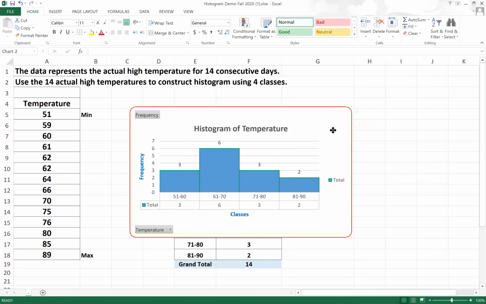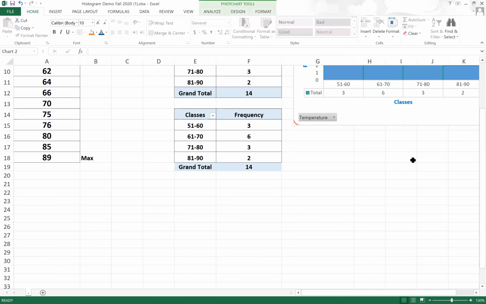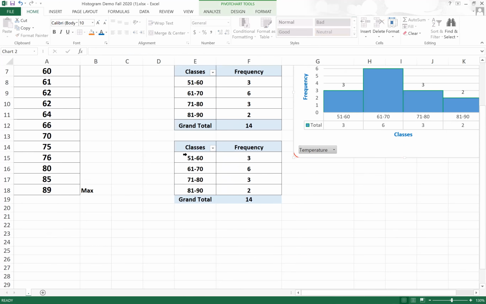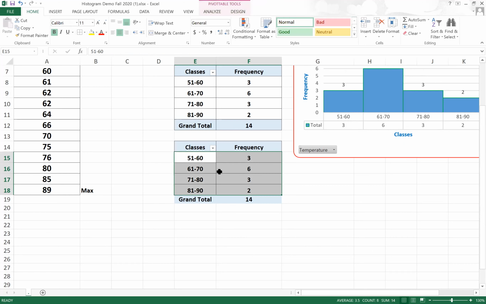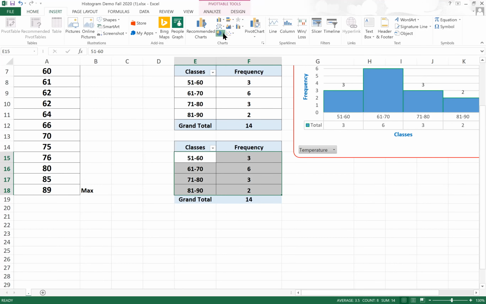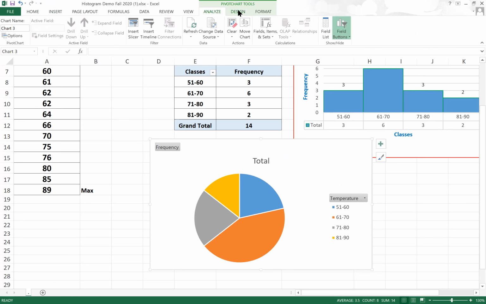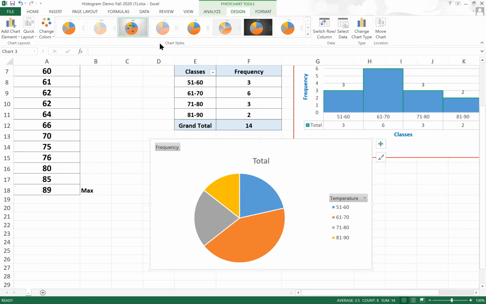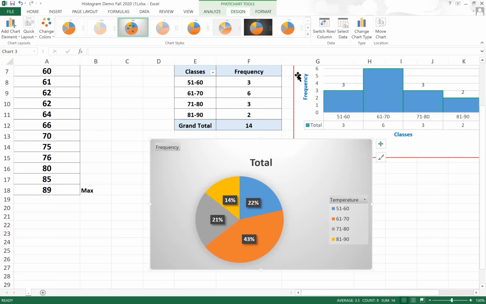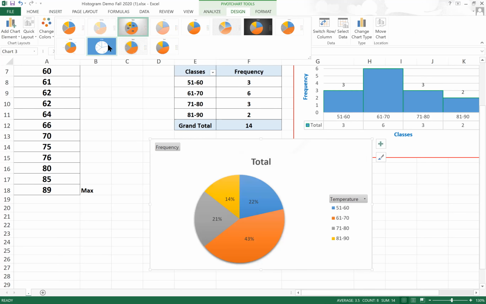From there, we can also create a pie chart. Highlight just the table itself without the title, then go to insert, and you're going to see a pie chart. Again, you can pick a different design here. If you want to list all the percentages, you can do that.